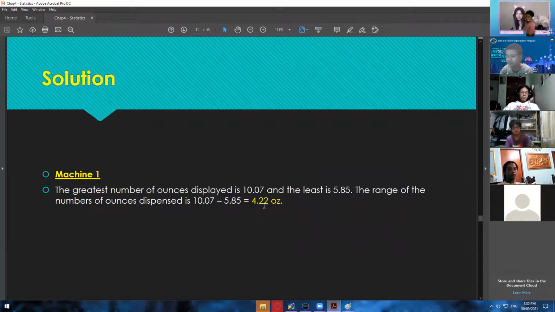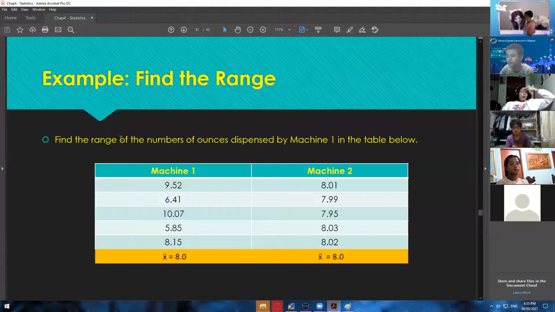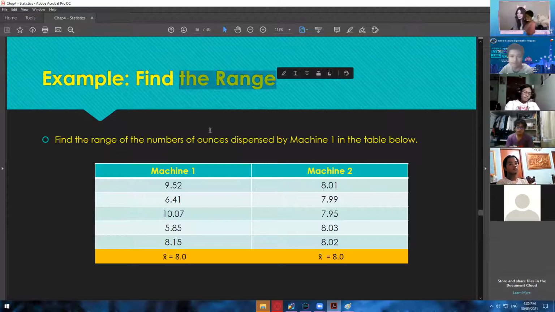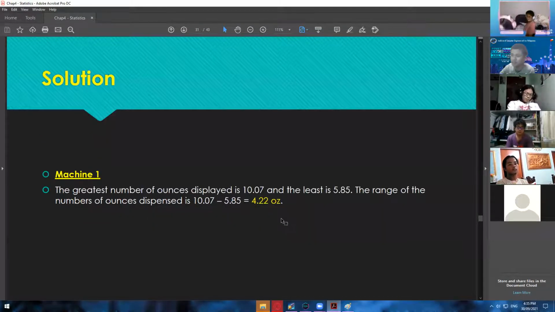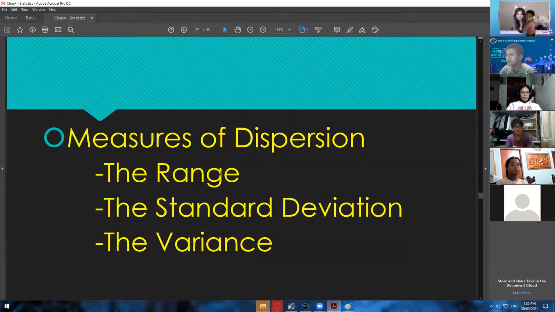So that is how we check how that machine performs, with the use of the range. Are we clear so far regarding the range? Again, the idea of measures of dispersion is the lower the value, the better.